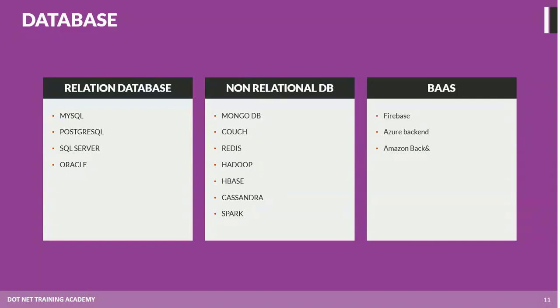Backend as a service is seriously a good thing in full stack web development, because all the nitty-gritty things are handled by certain providers like Firebase, Azure, Amazon, which means you need not care about mapping. You need not care about the black box stuff of the database.